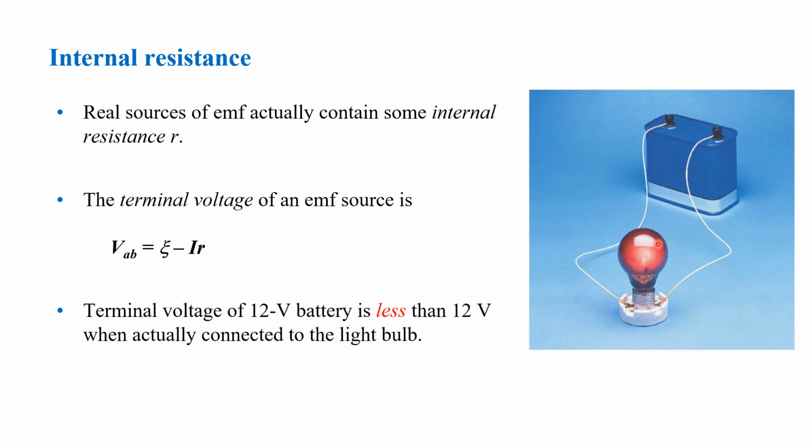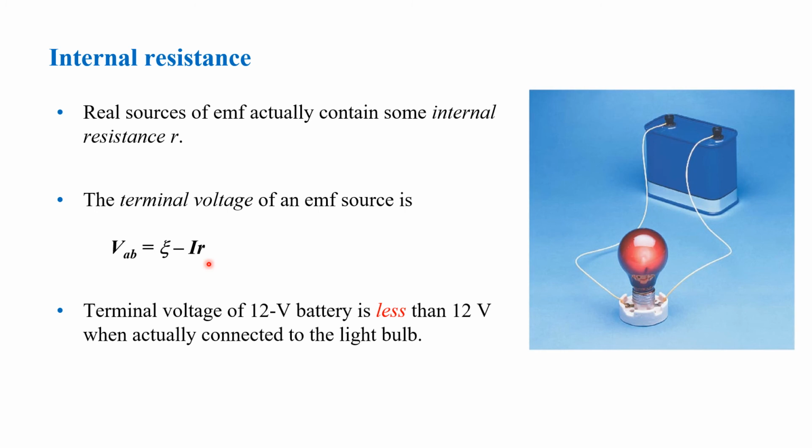Real sources of electromotive force actually contain some internal resistance R. For example, for this battery here, this contains some internal resistance R. And that means that you can only measure the terminal voltage of your EMF source. And the terminal voltage, VAB, is equal to your epsilon minus your IR. Let's say, for example, your battery has a label of 9 volts.